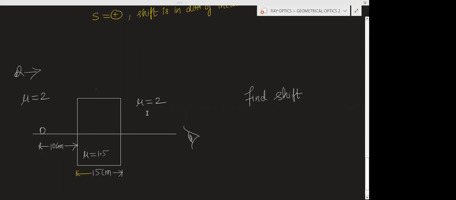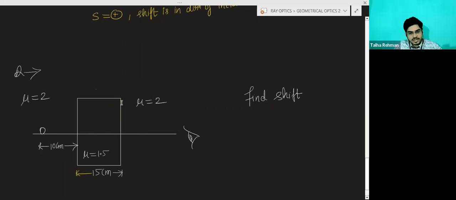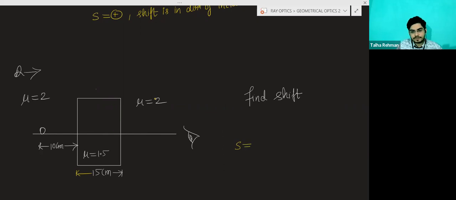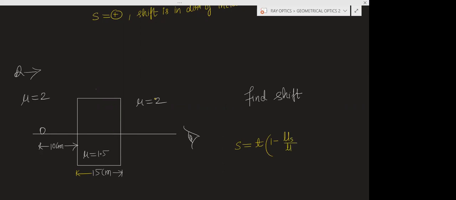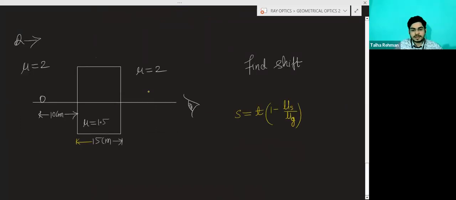Now they are asking the shift, but this time around the glass slab the medium has a refractive index of 2. So the shift through the glass slab is equal to the thickness of the glass slab times 1 minus the refractive index of the surrounding divided by the refractive index of the glass slab.